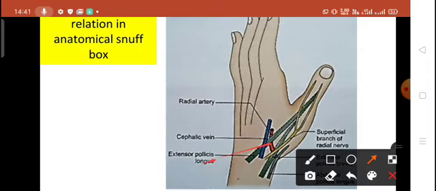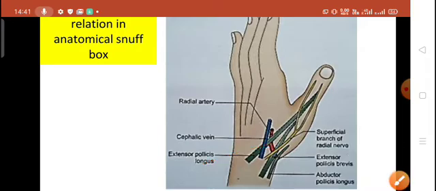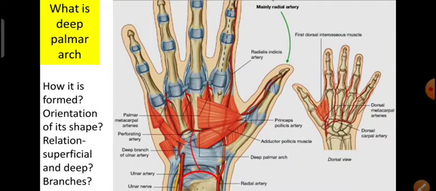Here the radial artery first passes deep to the tendon of abductor pollicis longus muscle and deep to the tendon of extensor pollicis brevis muscle.